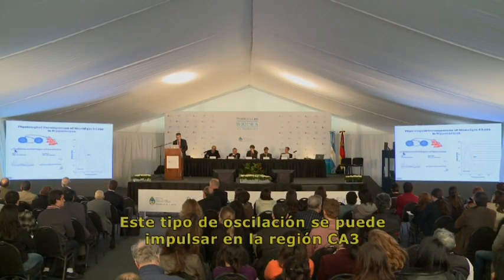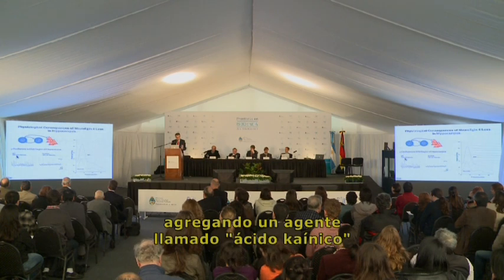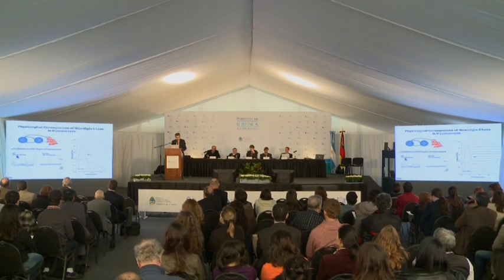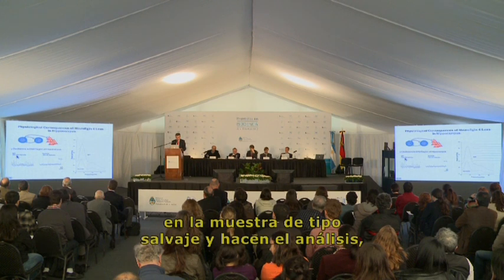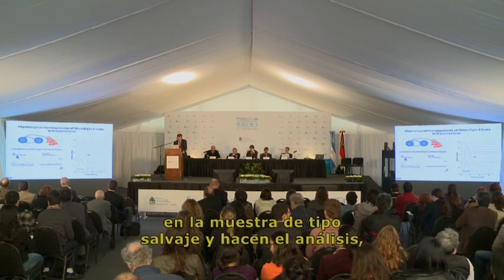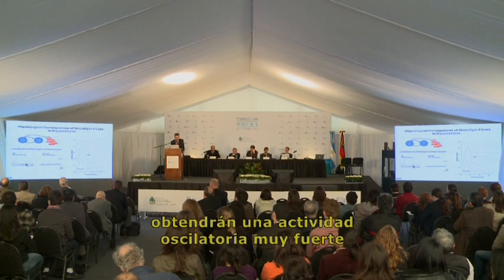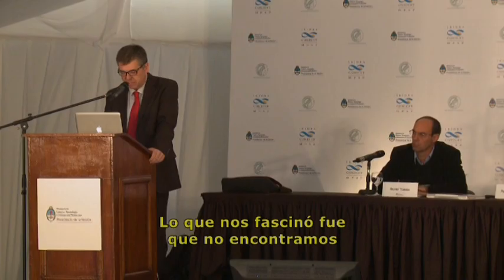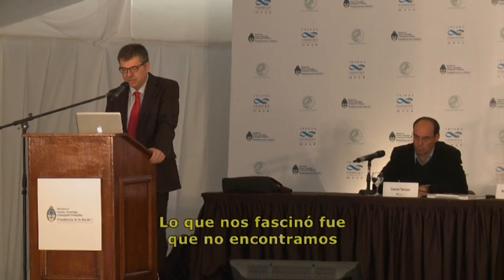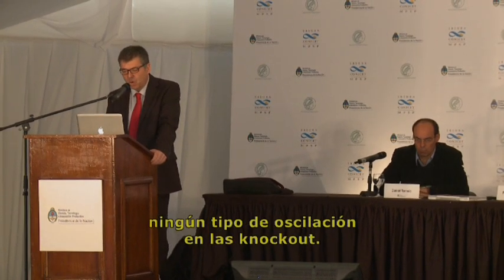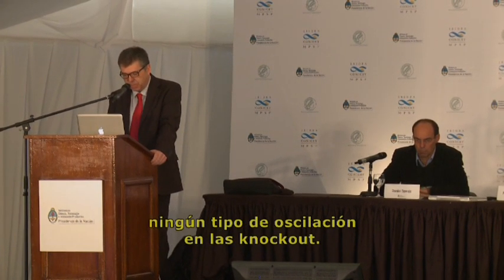These oscillations can be triggered in the CA3 region by adding an agent called kainic acid, which stimulates glutamate receptors. If you do this in a wild-type slice and measure, you find really strong oscillatory activity. And really, to our fascination, in the knockouts we found hardly any such oscillations.